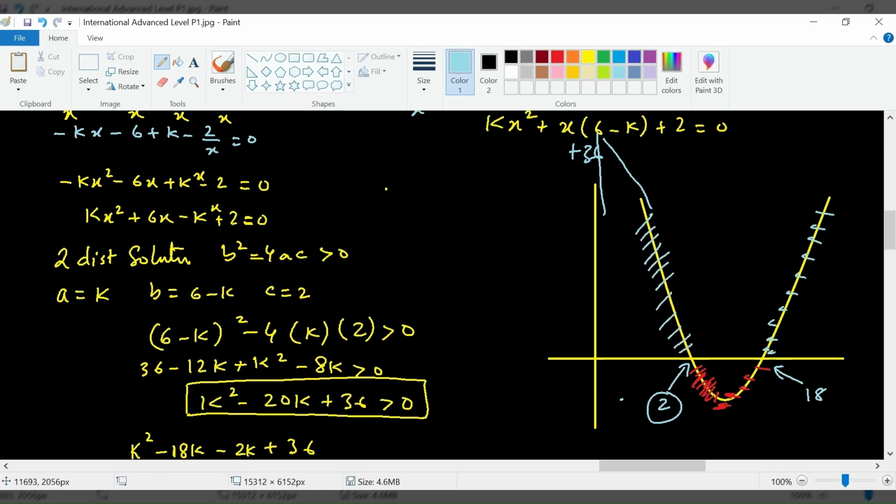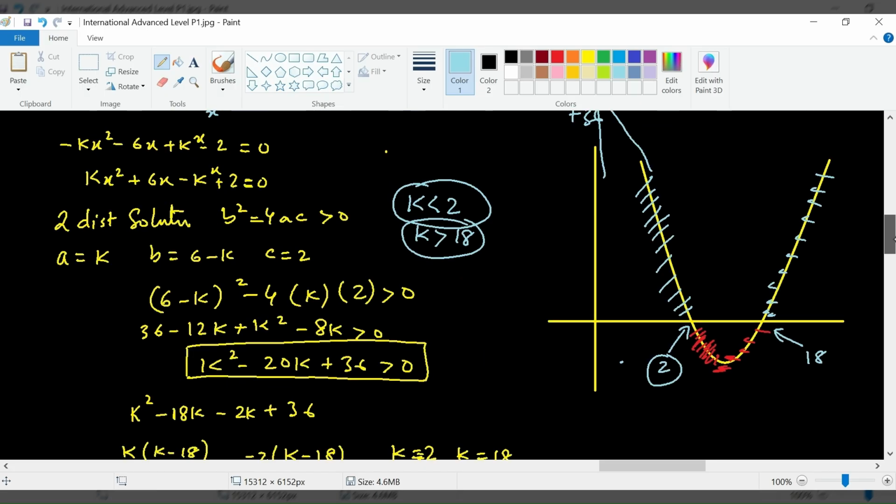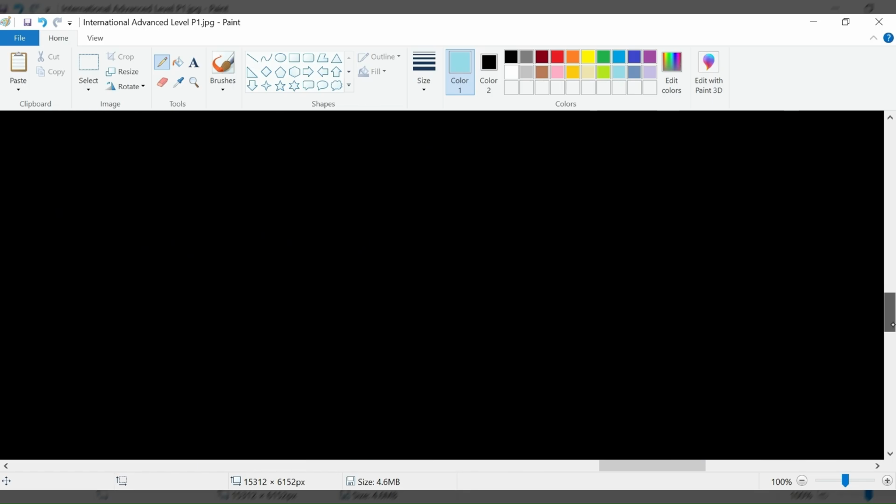These are the values we are talking about. So anytime k is less than 2, and k is greater than 18, we are going to get the solutions. Now when it comes to the next part of the question, I think there are two parts only, A and B.